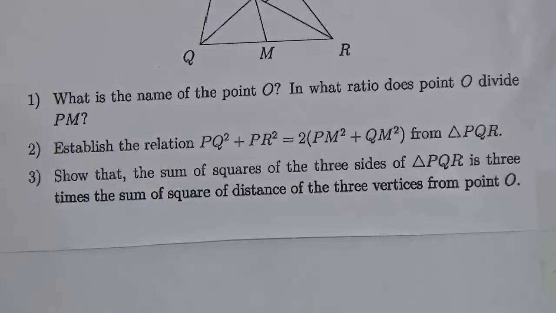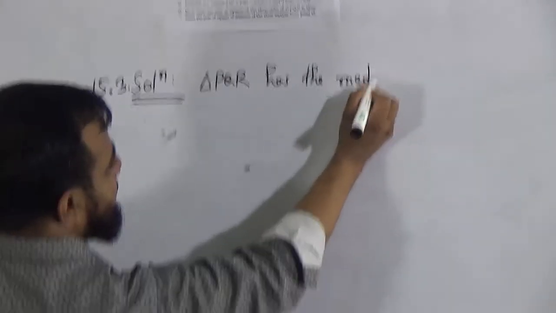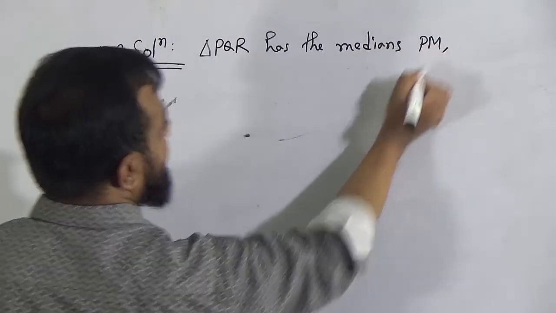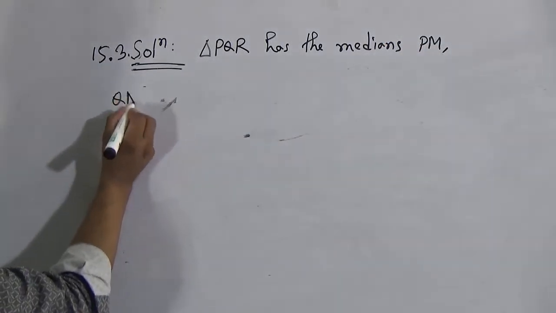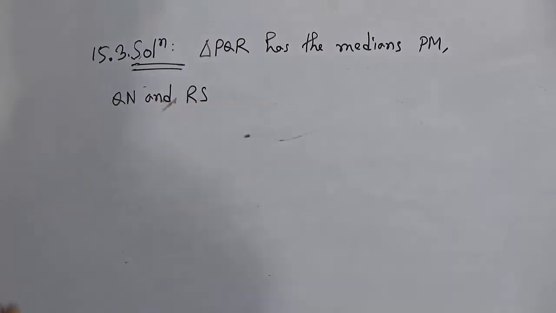The information is: triangle PQR has the medians PM, QN and RS.